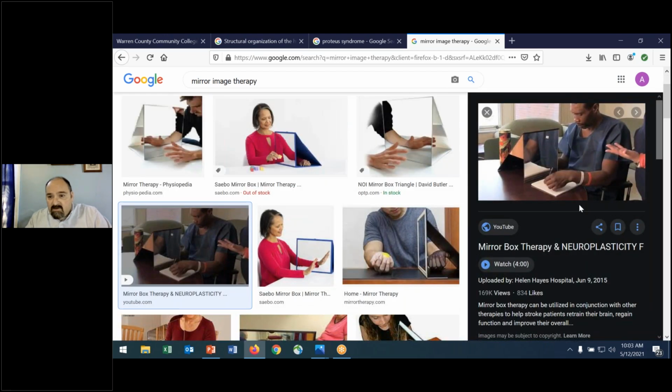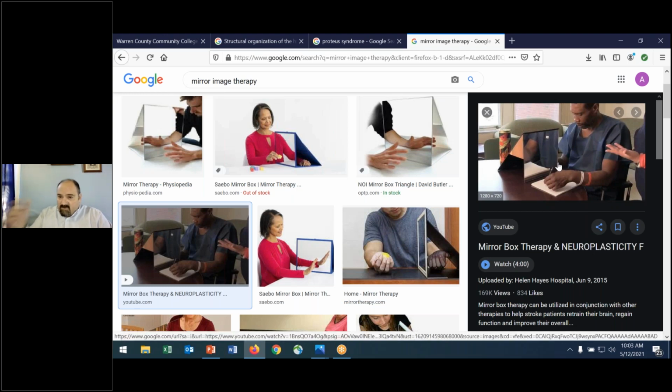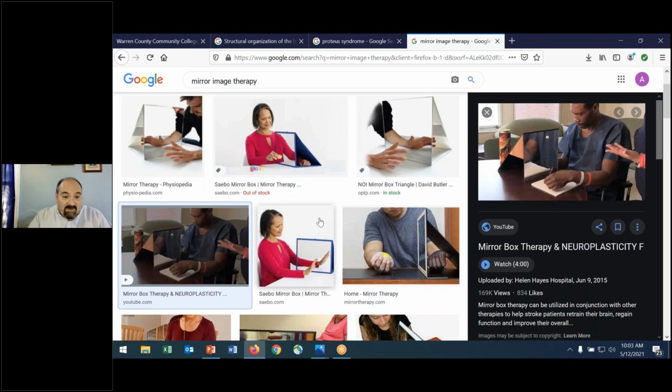Here's a gentleman who does not have a right hand. What he's looking at is a mirror, and the mirror image of his left arm, to help him focus on what's missing on his right side. Mirror box therapy, mirror therapy.